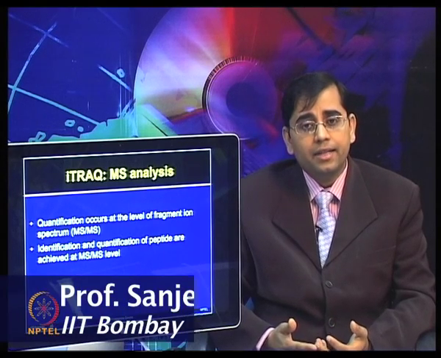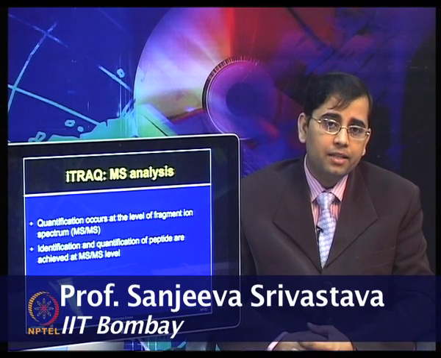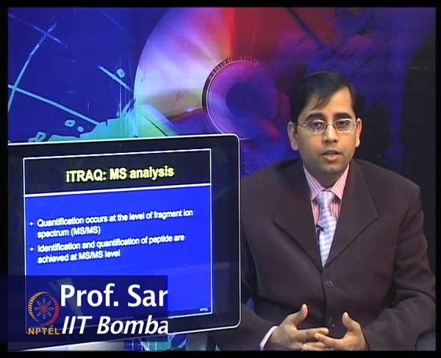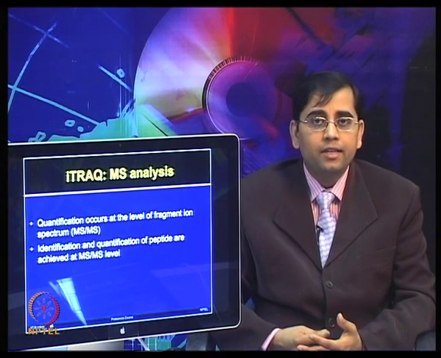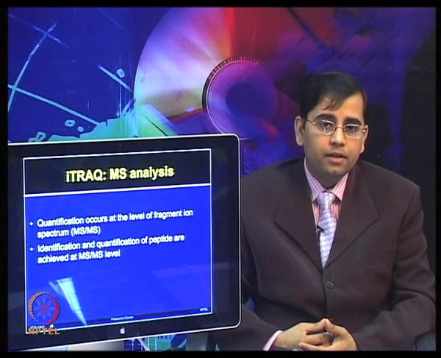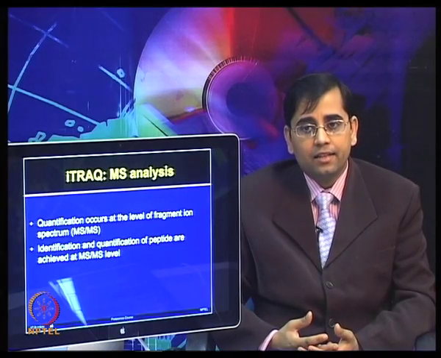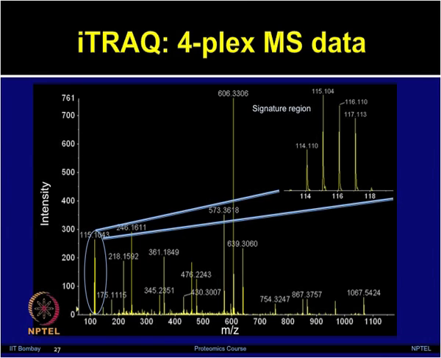The iTRAQ enables quantitative protein profiling of multiplex samples without making MS spectra complicated. It reduces the redundancy in selecting MS precursor ions for collision induced dissociation and enhances the efficiency for MS analysis and peptide identification. So, this is a representative spectrum for the 4-plex iTRAQ experiment.